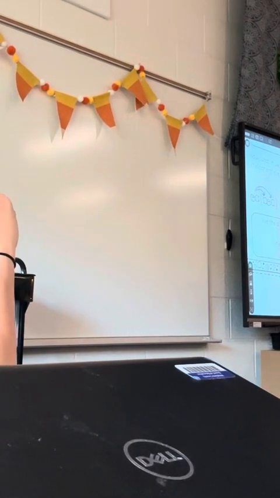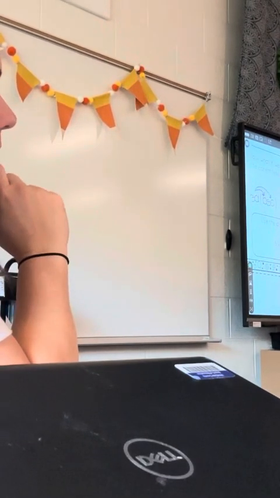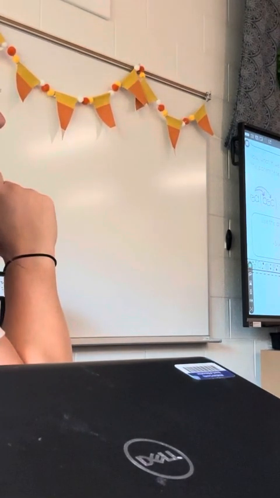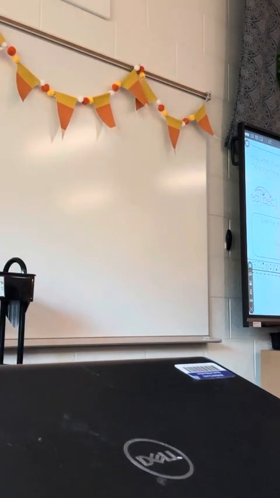Alright, so let's look at the problem. -5, and then in parentheses is x minus 4. So Jaden, what's our first step? What are we going to multiply first?